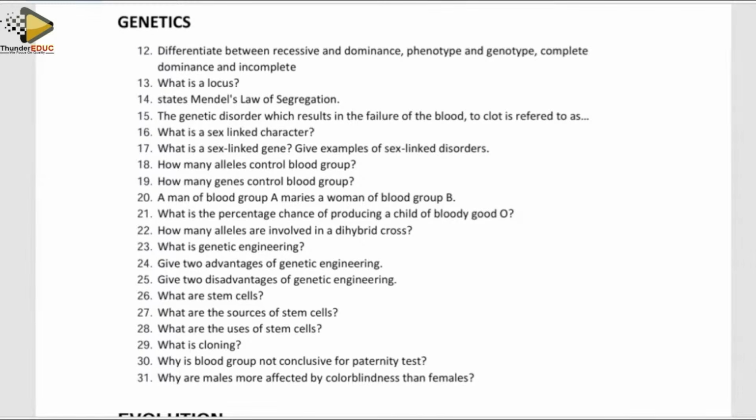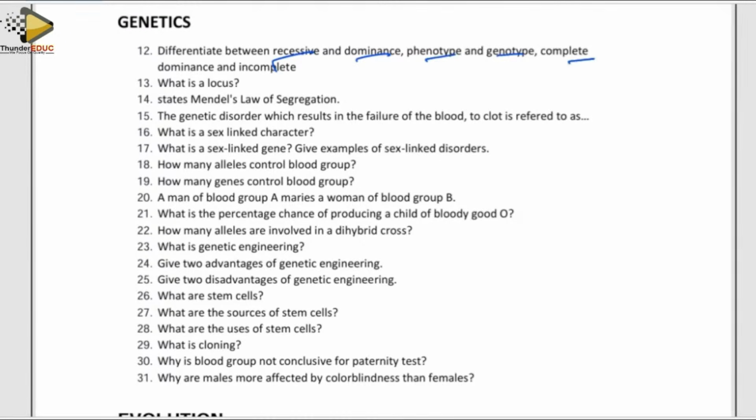So differentiate between recessive, dominant, phenotype, genotype, and complete dominance, incomplete dominance. So a recessive allele is an allele which can only express in a homozygous state, in the absence of a dominant allele. It is the allele which can only express in the phenotype in the absence of a dominant allele.